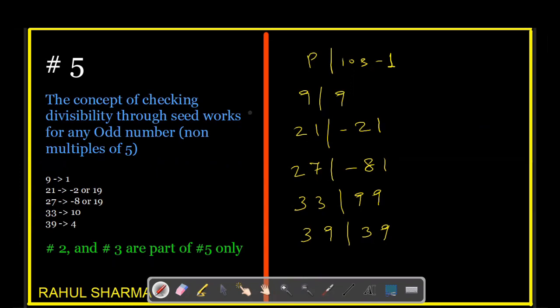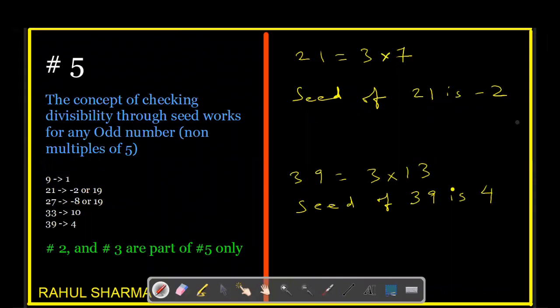In case of 21, the seed becomes minus 2 because 10 times minus 2 minus 1 is minus 21. 21 divides minus 21. In case of 27, the seed is minus 8. In case of 33, the seed is 10 because 33 divides 100 minus 1, 99. And in case of 39, the seed becomes 4.